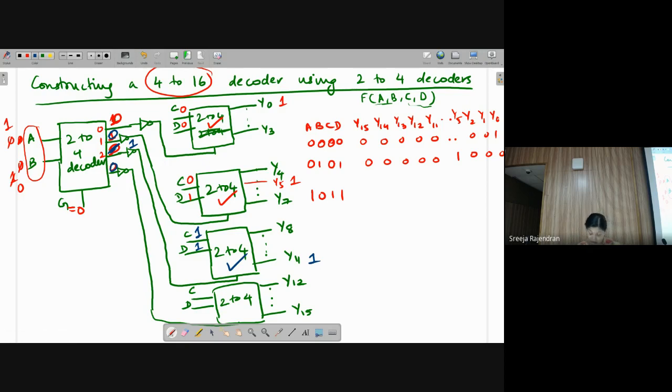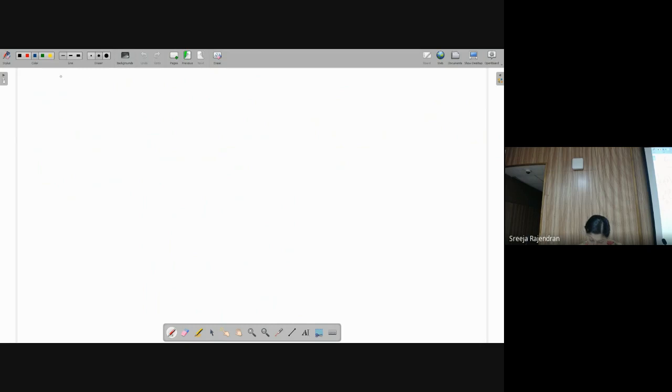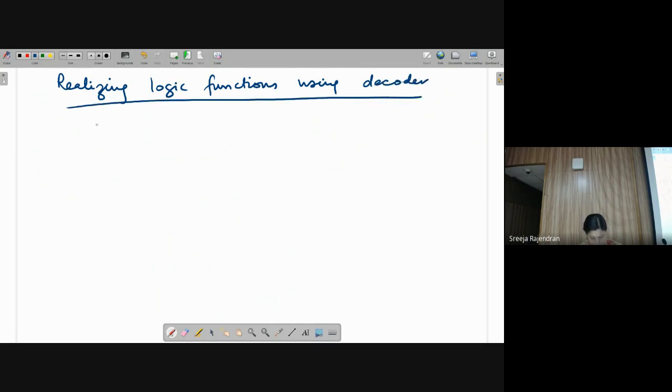Okay. One more thing. Any logic function can be realized using decoders. For example, f = Σm(0, 3, 4, 6, 7). How can we realize it using a decoder? Suppose I have 3 variables representing the function.